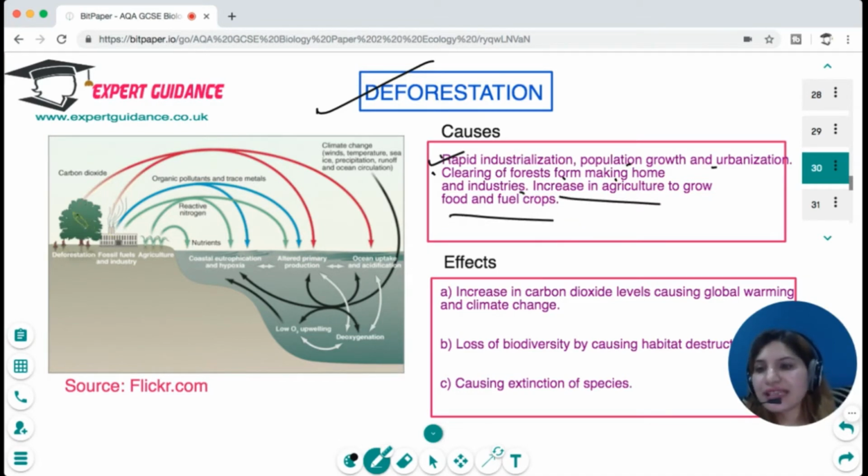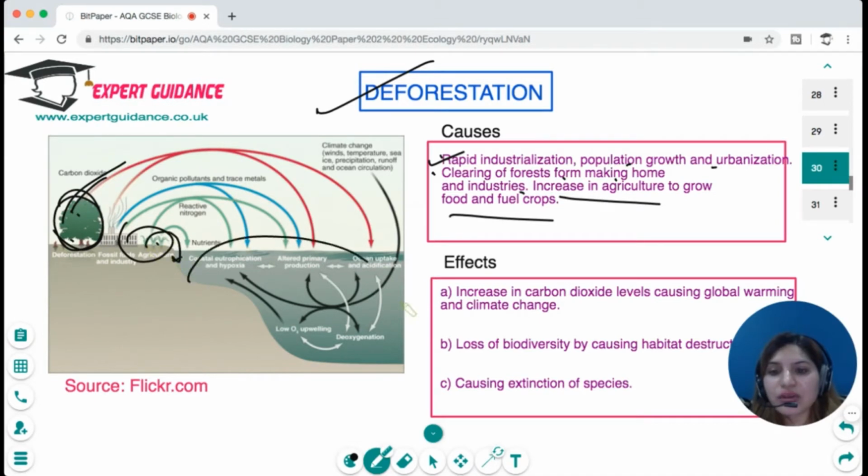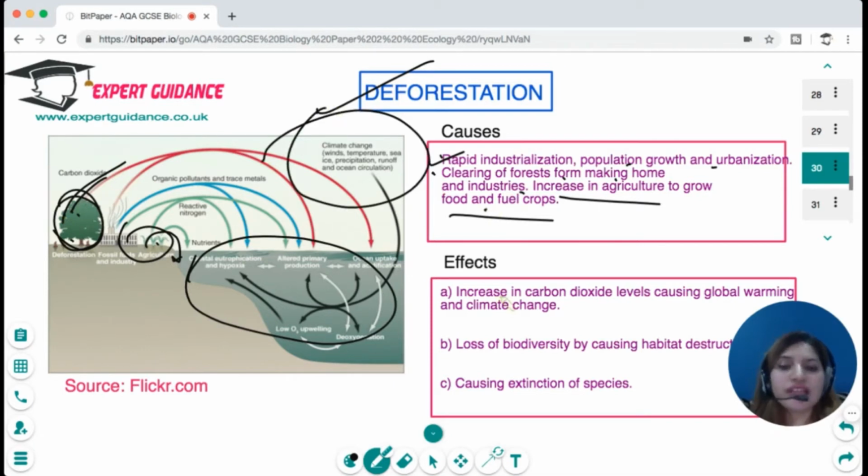So you can see that carbon dioxide is increased when we cut the trees. Okay, and the agricultural waste is causing the flushing of nutrients, causing water pollution, and this cutting of forests is contributing to climate change. So deforestation is the cause of many different problems.